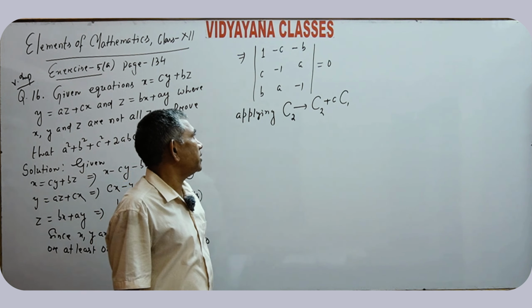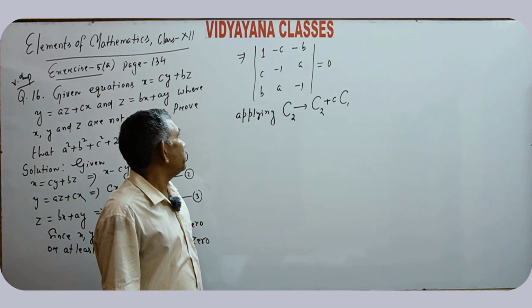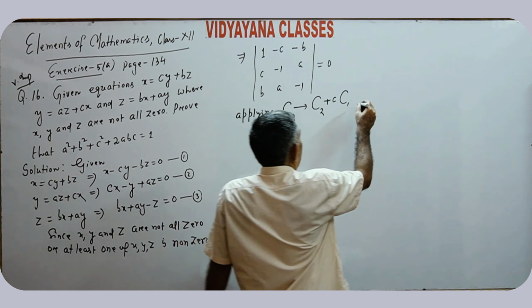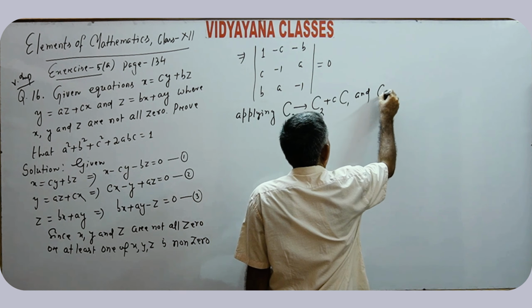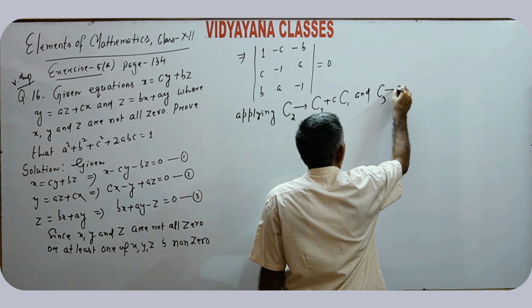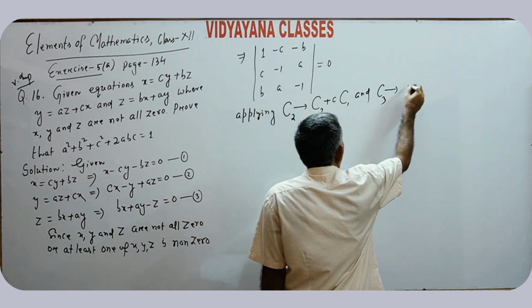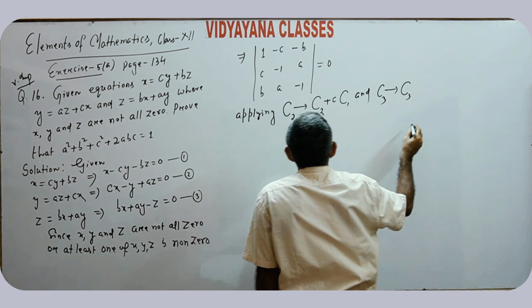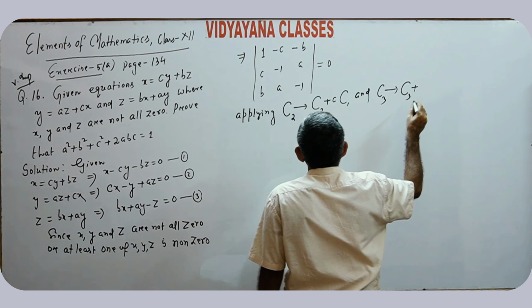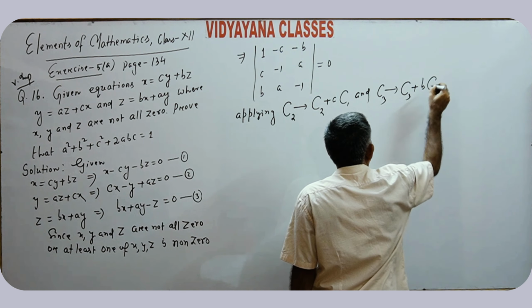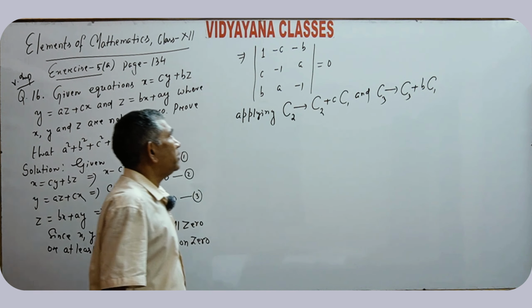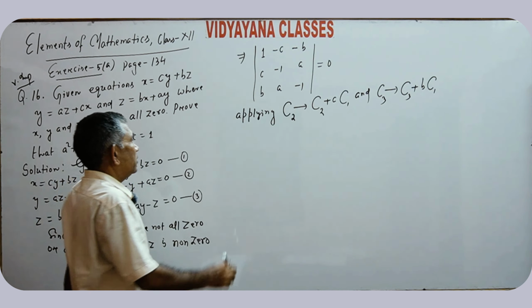C2 is replaced by C2 plus C times of column 1, and column 3 is replaced by column 3 plus b times of column 1.